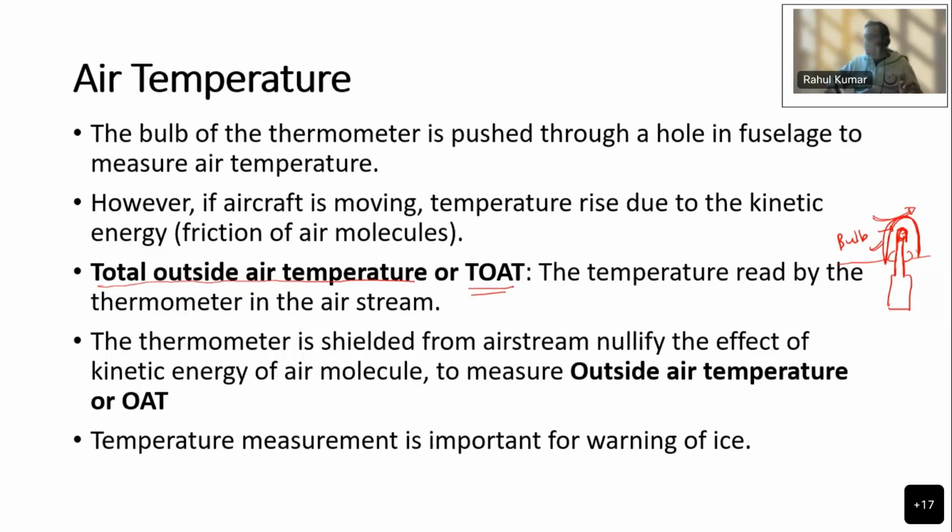So now in this case you will only measure the outside air temperature, or OAT. So generally we use a thermometer and it is shielded to avoid the additional temperature due to kinetic energy.